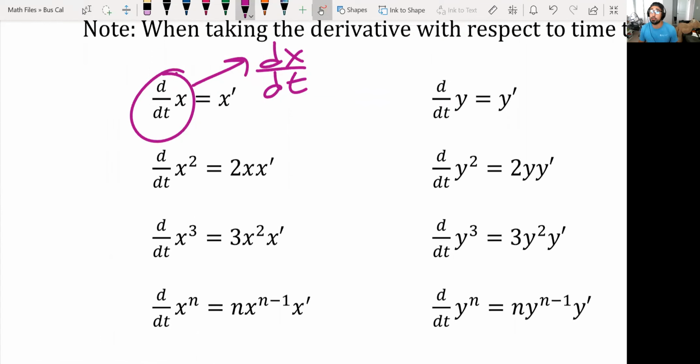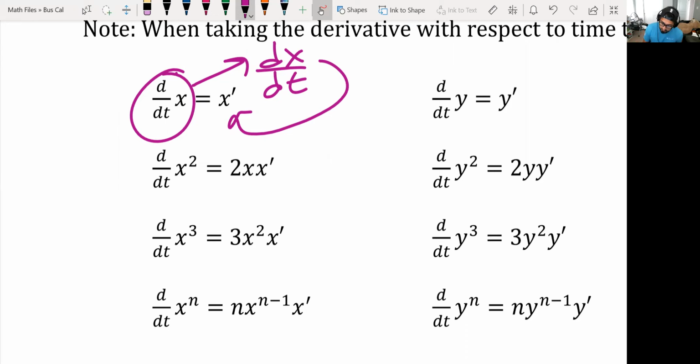To keep these notes really simple, I just write dx over dt as x prime. But if you want to keep using the dx over dt notation, because that's what the homework has, that's fine. For the notes, I'm just going to keep it simple and say x prime, y prime.